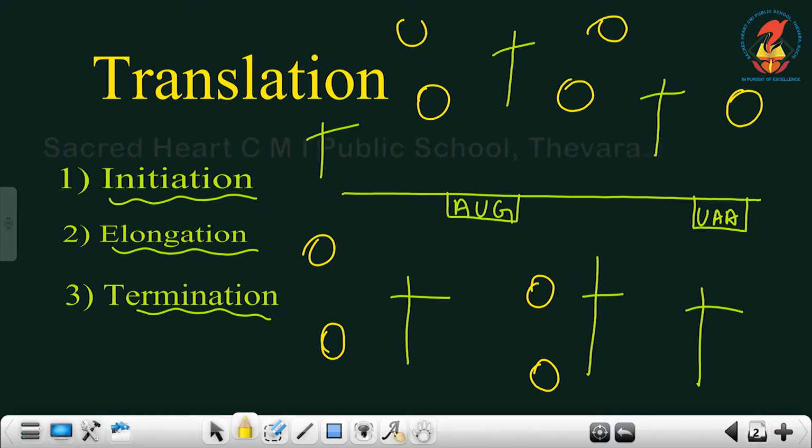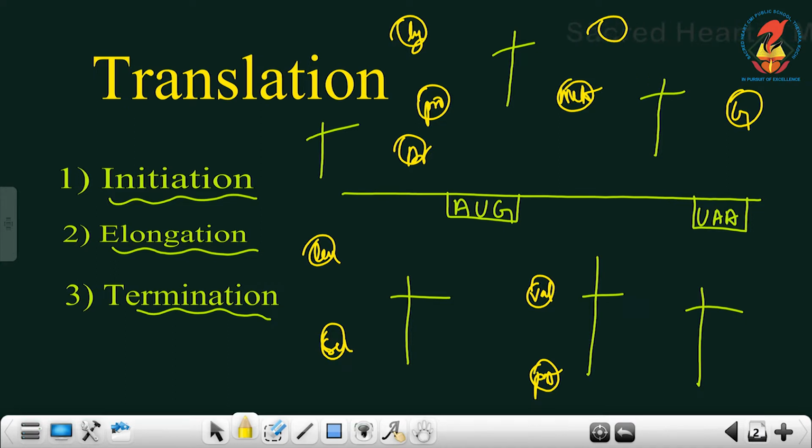And don't forget the amino acid that starts the protein synthesis, Met. Somewhere here I am putting Met. Then introduce the other amino acids, proline, lysine, arginine, leucine, serine, phenylalanine, valine, glutamine, etc. So 20 amino acids, a number of tRNAs. Then we have a mRNA, remember, with the start codon and the stop codon.